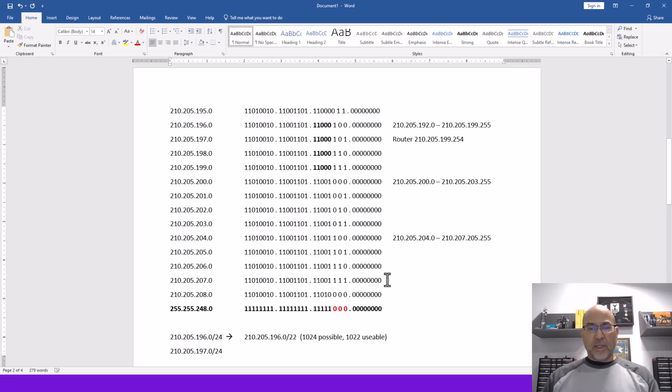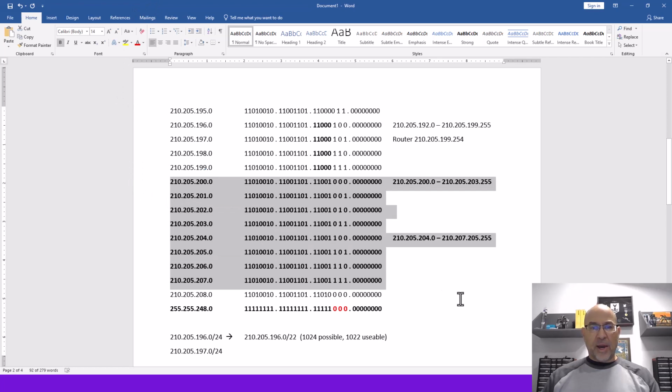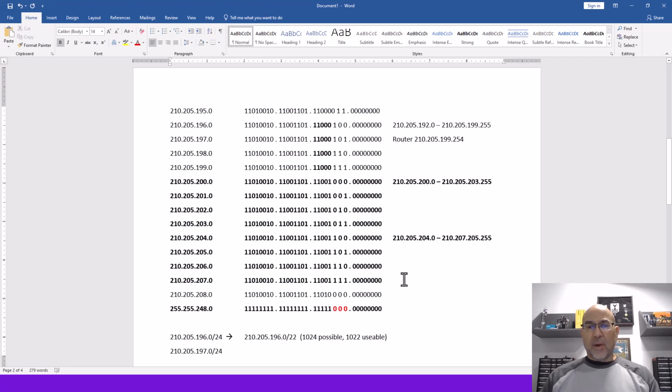So what that means is that all of these networks have the same binary pattern to the left of the bits that I stole. So that means 1, 2, 3, 4, 5, 6, 7, 8 networks got supernetted or aggregated together.